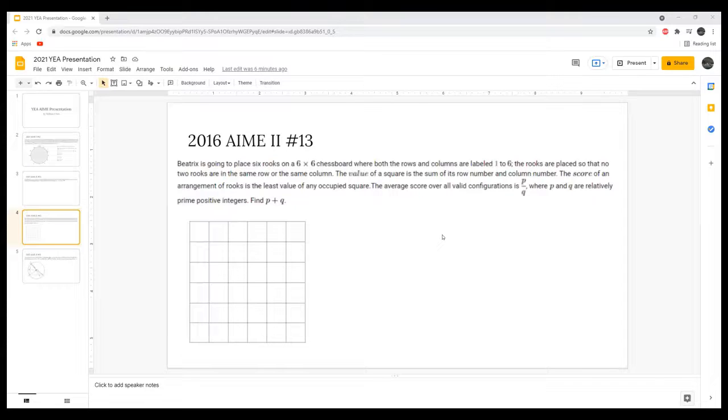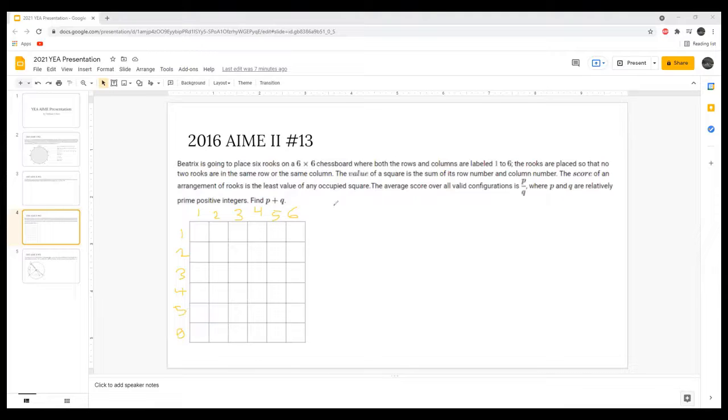So 1 in each row and 1 in each column. So the value of a square is the sum of its row number and column number. And in this case, I'm just going to assume the value from left to right. So this is 1, 2, 3, 4, 5, 6. 1, 2, 3, 4, 5, 6.